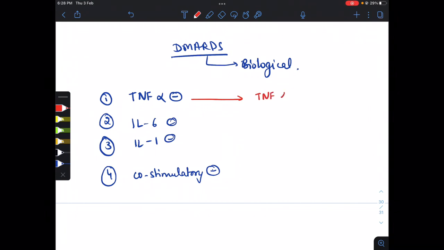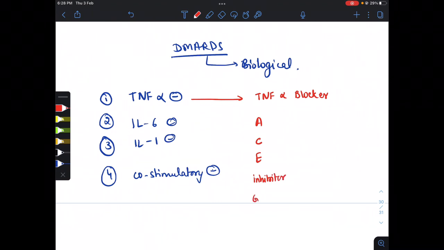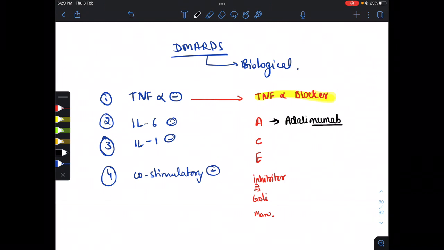For the TNF alpha blockers, we have the mnemonic: ACE inhibitor ko goli maro. This is the mnemonic for the TNF alpha blockers. Here A stands for adalimumab. All have the ending mumab.